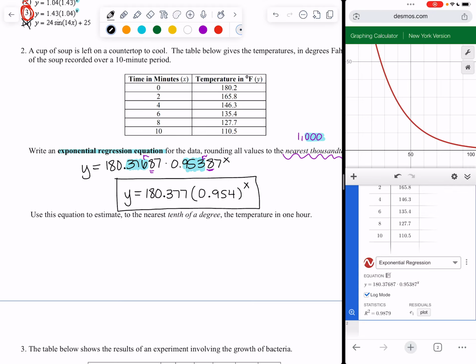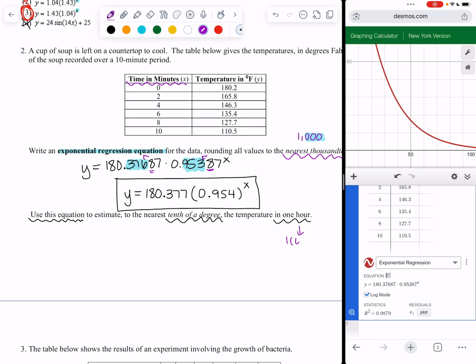Then they go on to say, use this equation. So we're not going to take the equation from our calculator that had more values. We're going to use the one we just boxed in to estimate to the nearest tenth of a degree the temperature in 1 hour. So time is my x values, time in minutes. So the first thing I need to recognize is that 1 hour needs to be turned into minutes.